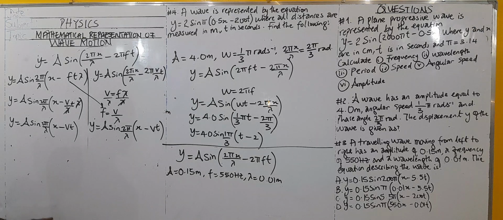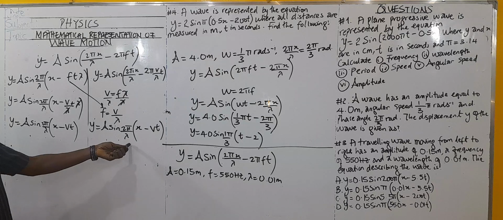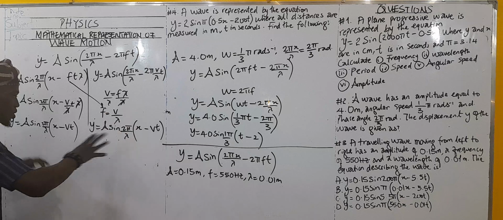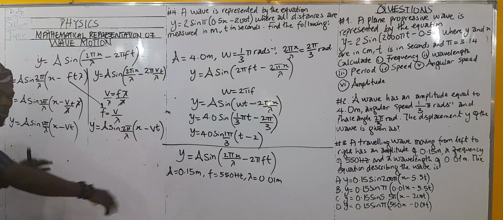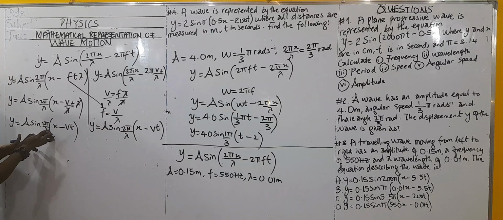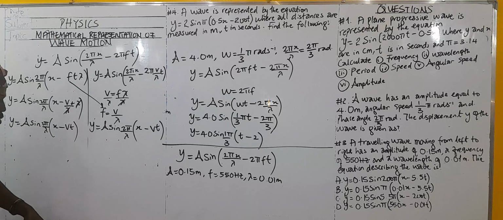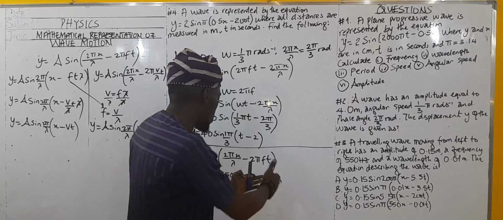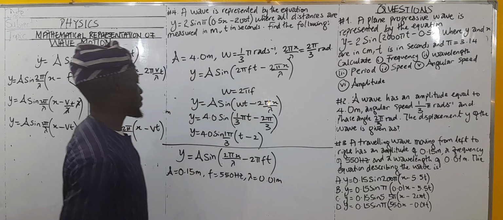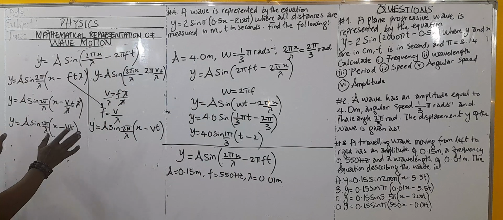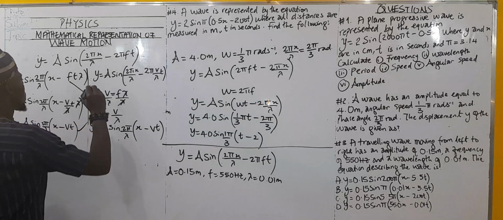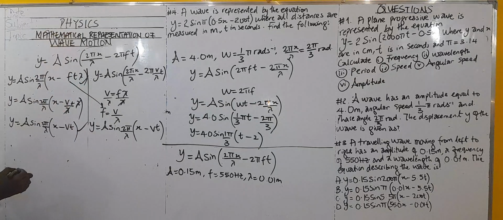Alright, so we have wavelength. It means the equation of motion can be written like this. I will show you another way. We have A, amplitude, we have frequency, and then we have lambda. Now look at this equation very well. Which one is best? Is it this or this?